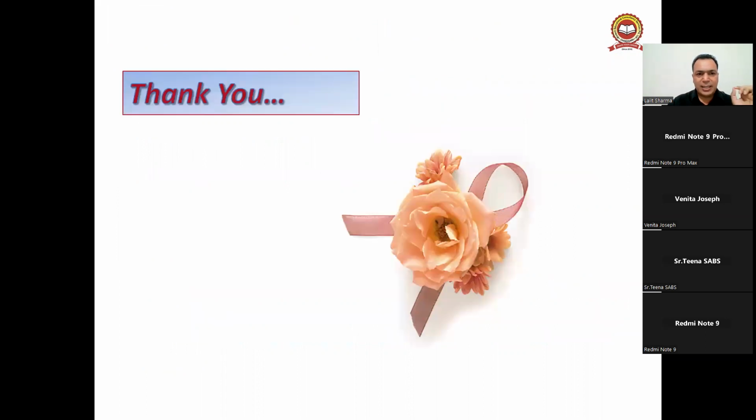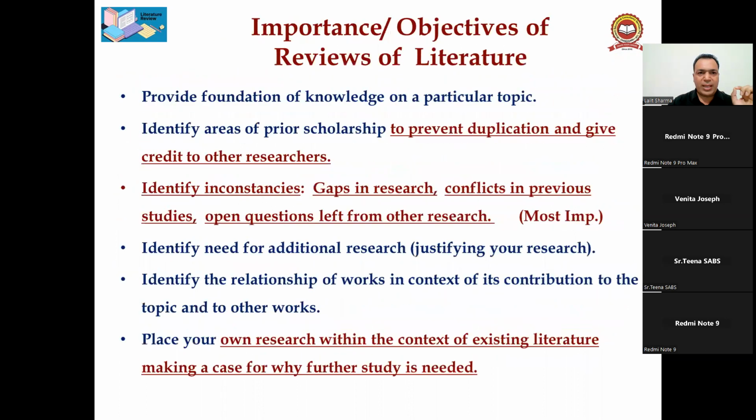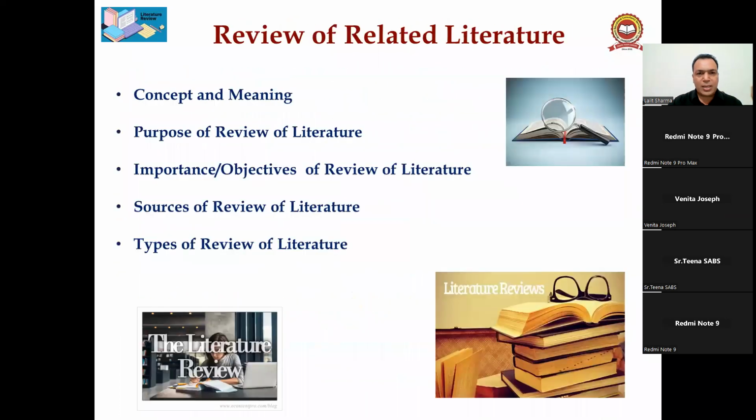Thank you so much, guys. So in today's topic we have come to know the concept and meaning of review of related literature. Okay, whatever topic we have chosen, we should consult the review of related literature, so that we will come to know what research gaps and research questions we have to work on.